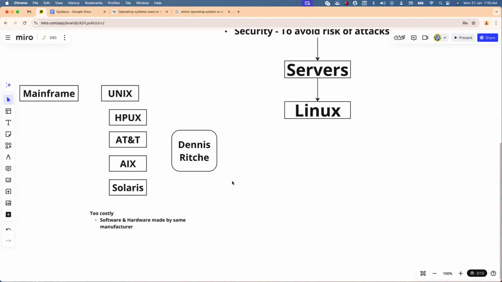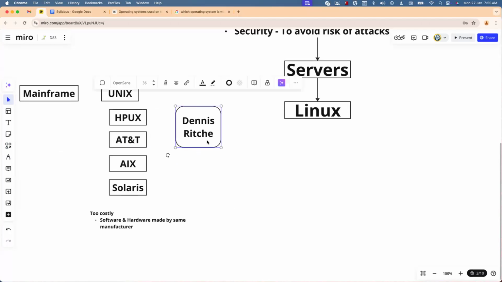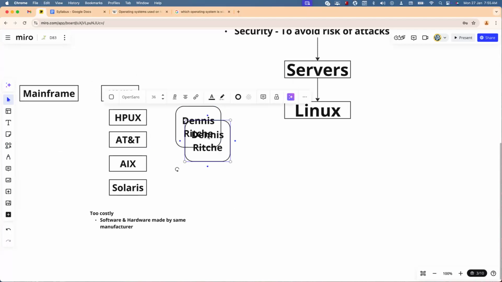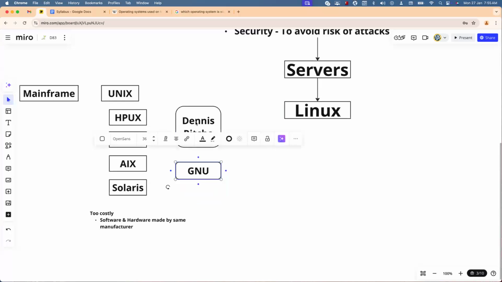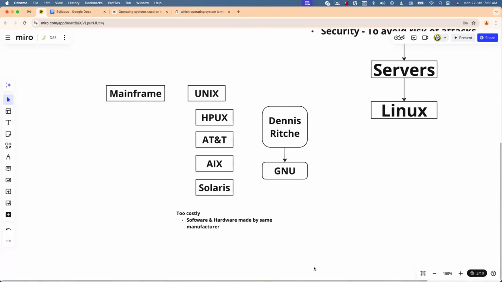That was his simple thought process. So Dennis Ritchie, a software engineer, announced the first community, the one known in the market as the first community, the GNU community. He started a movement in software which is called GNU.